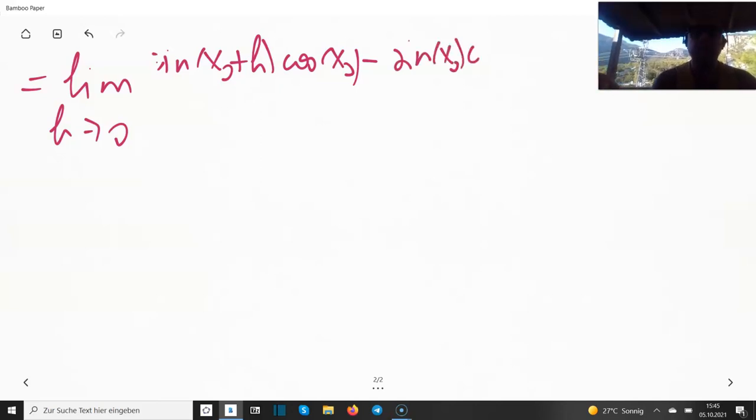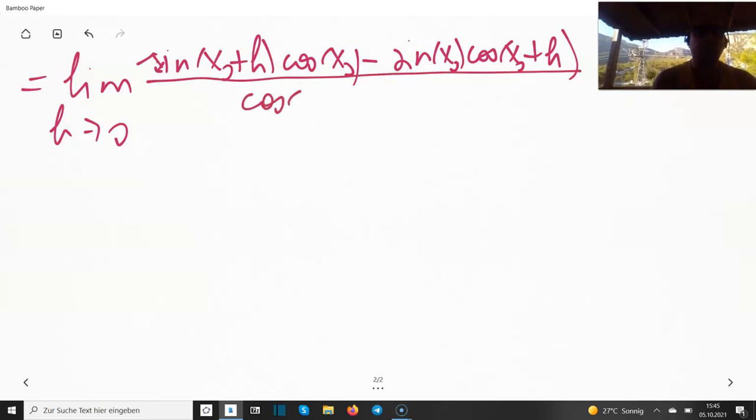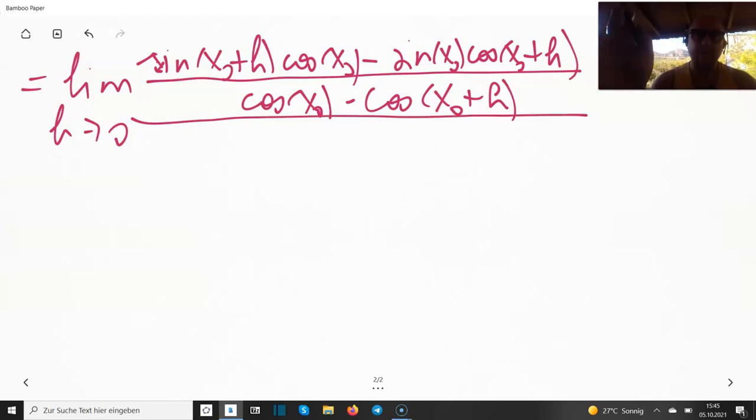And we multiplied with the cosine of x0 plus h. I have to divide it now by the common denominator, which is cosine of x0 times cosine of x0 plus h. And now we still have to divide the whole fraction. Sorry, the limit is just a bit shifted, but never mind. By h, which I'm writing as h divided by 1.